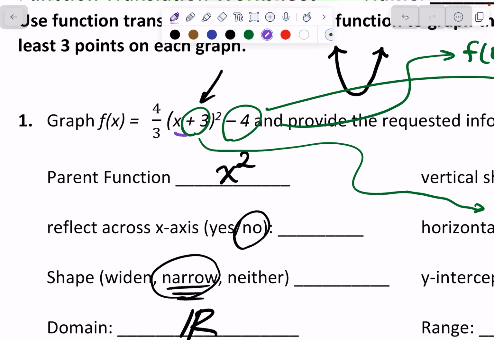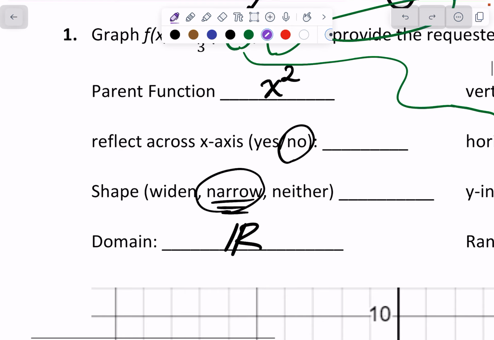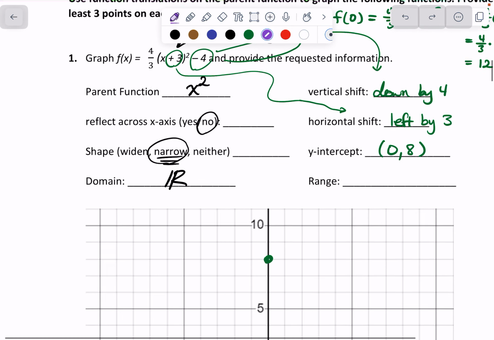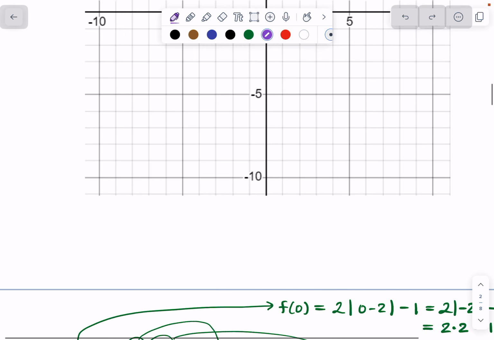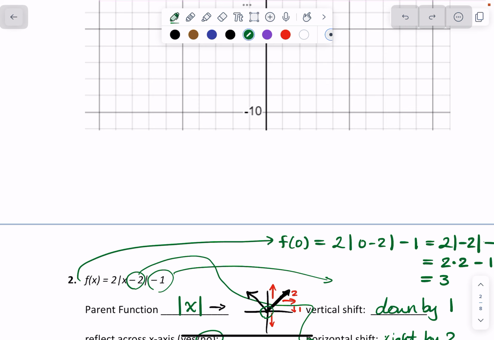So ask yourself, what could I plug in to make this equal to 0? I'm going to plug in -3. It's usually going to be a very easy point to find. So 4/3, x plus 3 minus 4. So I'm going to calculate f of -3. 4/3, -3 plus 3 squared minus 4.